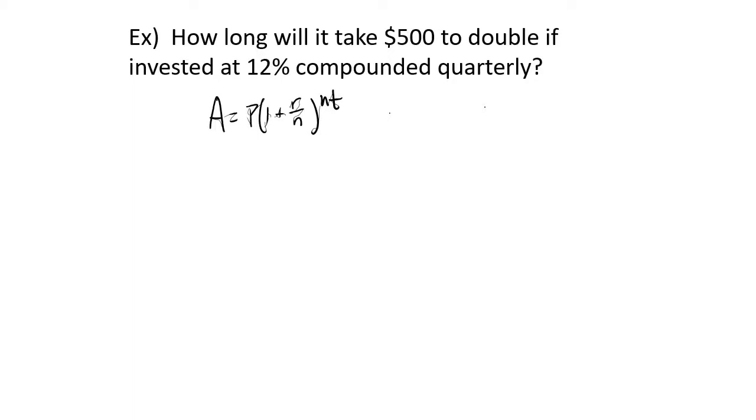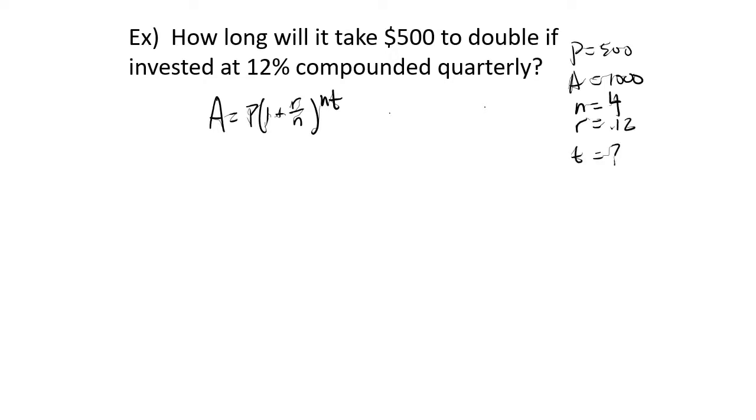If we want to know how long it will take $500 to double if invested at 12% compounded quarterly, that means P is 500, A is 1,000, n is 4, because we're compounding 4 times, the rate is 12%, so r is 0.12, and we don't know t.